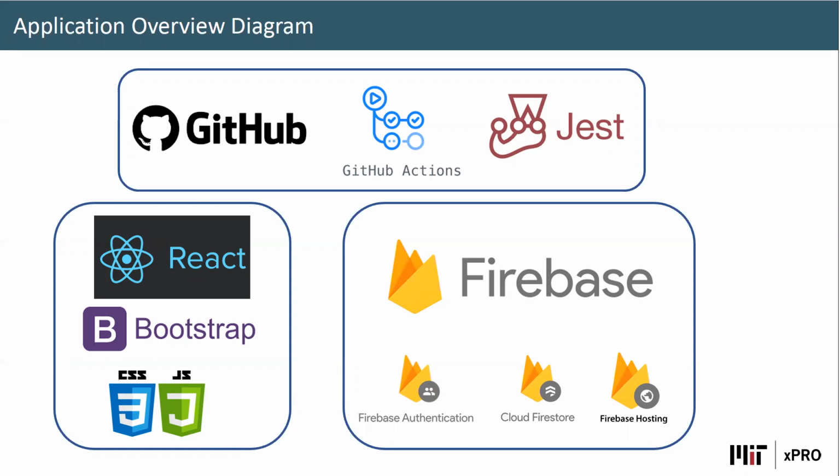For the backend, I'm using the Firebase service, which is part of Google Cloud Platform. I like this service very much because it has a lot of tools. In this case, I'm using 3 of them.